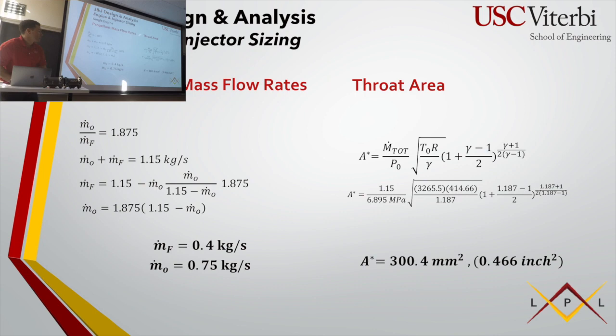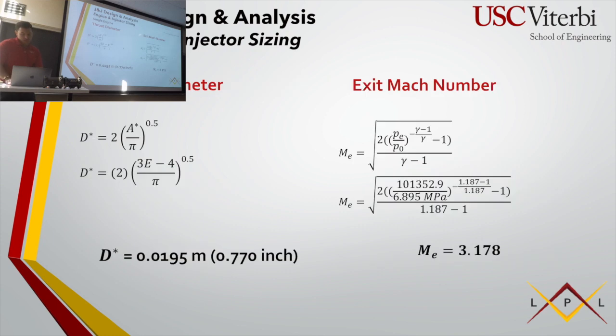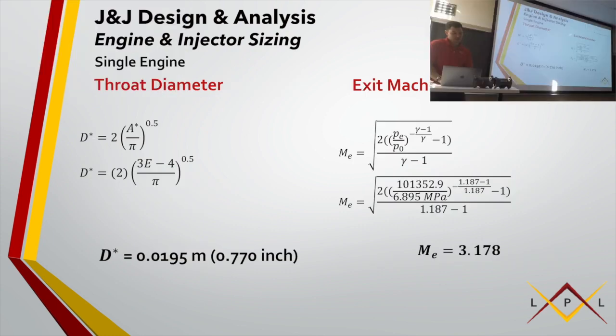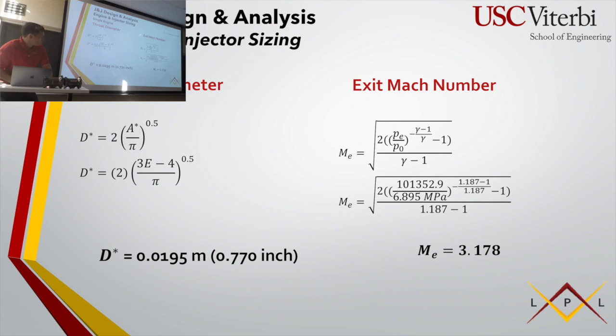So right from there, now we know what the throat area needs to be for it to have Mach equal to 1. And now that we know that, we can determine the diameter, right? So we know the area, and we know what the diameter is, so you can use this relation, get your diameter, so that's what it needs to be. And I don't know what that is up there, but the exit Mach number, we just determined what that was.